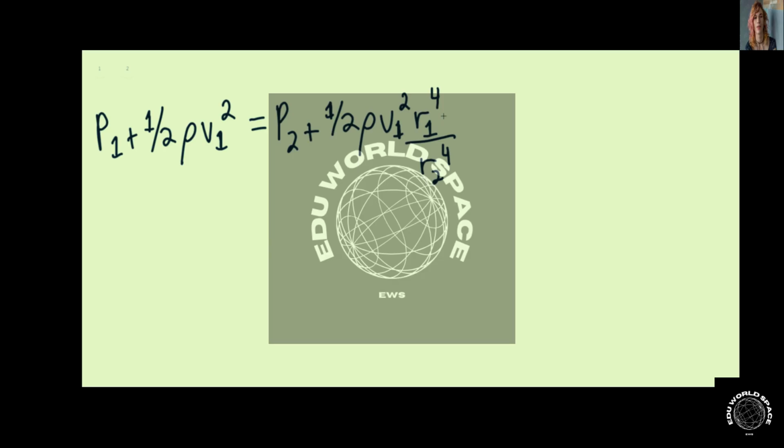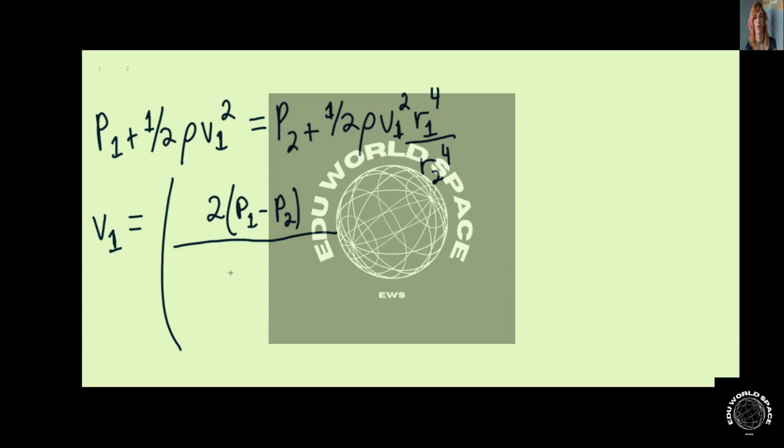At this point, we can solve for V sub 1. So V sub 1 is going to be equal to 2 times P sub 1 minus P sub 2, divided by rho times r sub 1 to the 4th divided by r sub 2 to the 4th minus 1, and this entire expression to the 1/2 power.